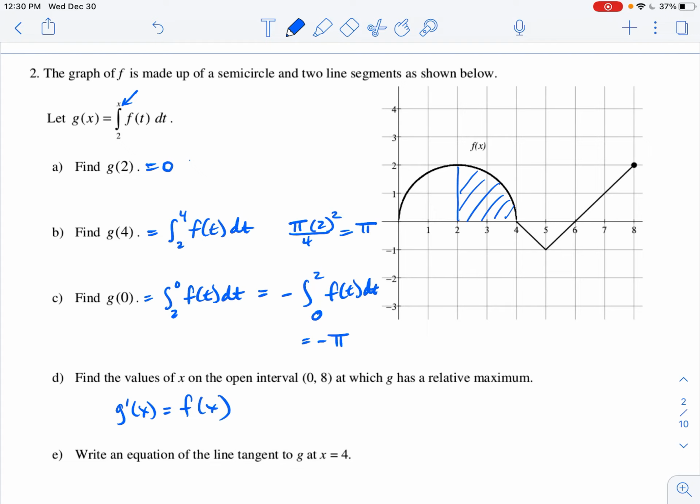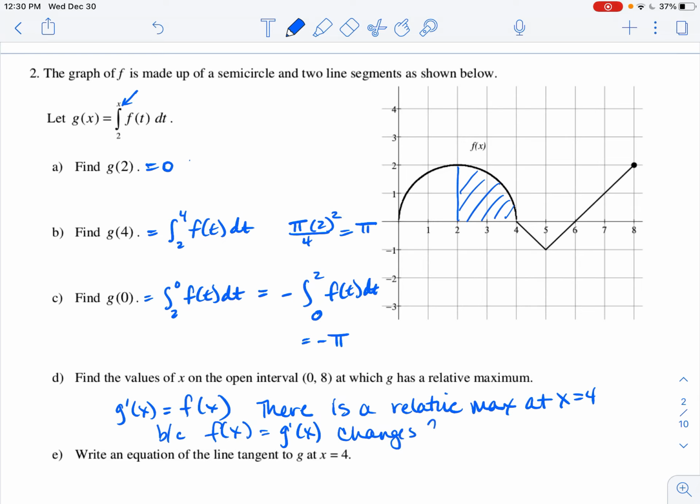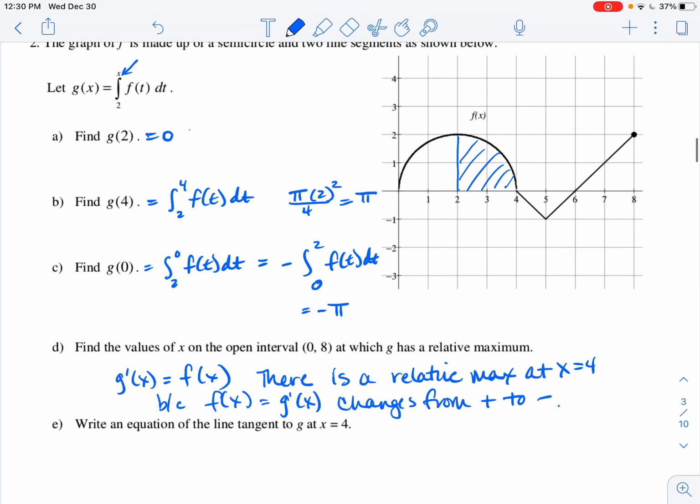So there is a relative maximum at x is equal to 4 because f of x, which equals g prime of x, changes from positive to negative.